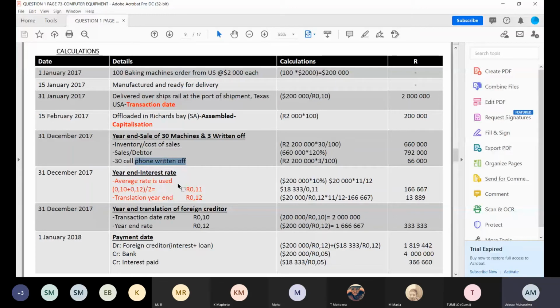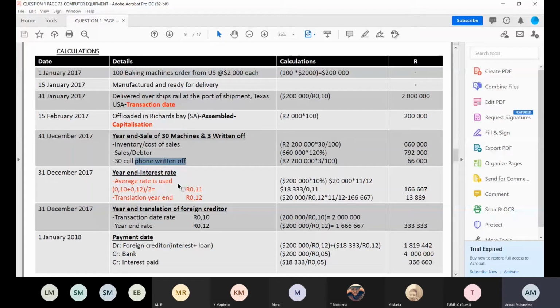So what do we do? We'll take the 200,000 with 0.10. 0.10, we got it. It's the foreign exchange rate at 31st January 2017, which is our transaction date. And we divide, as I indicated, that if you look at the foreign exchange, it's rand to dollar.